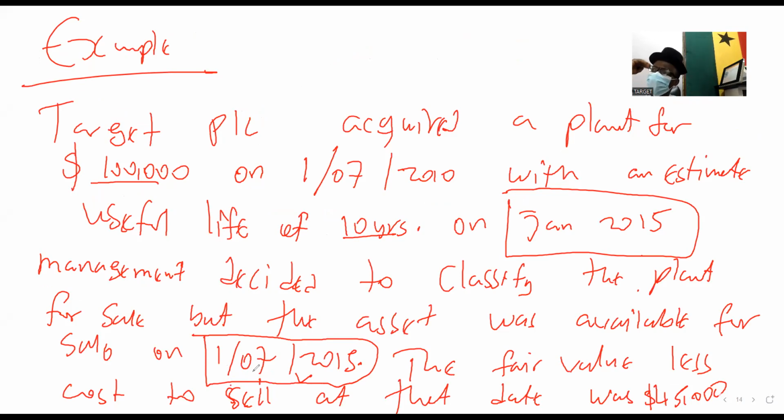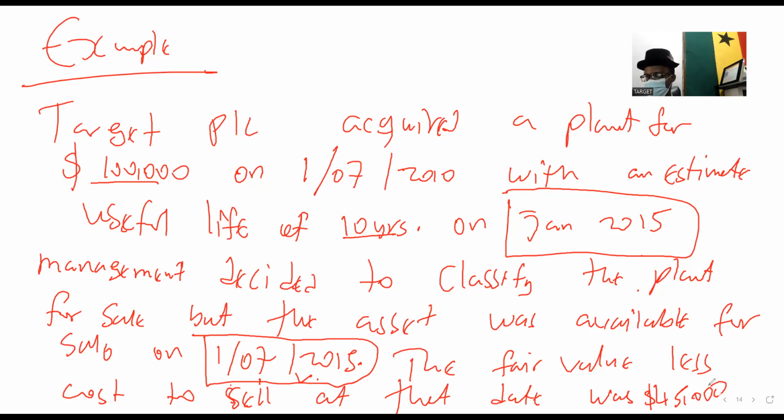But as soon as you classify it thereafter, we don't depreciate it again. So in 2015, Target Professional Consult must depreciate the plant for only 6 months. And the 6-month depreciation must be recorded in P&L, which will be half of 10,000, which is 5,000.